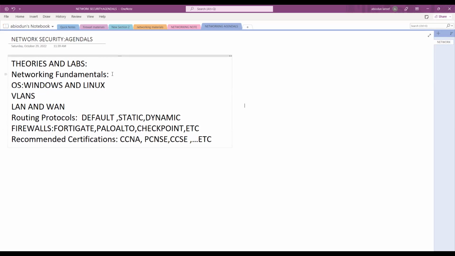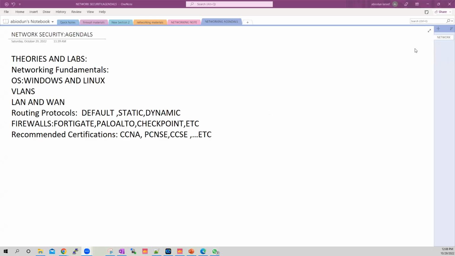So having said that, the only documentation that I see that is very, very useful for now as we go is this. Where is it?